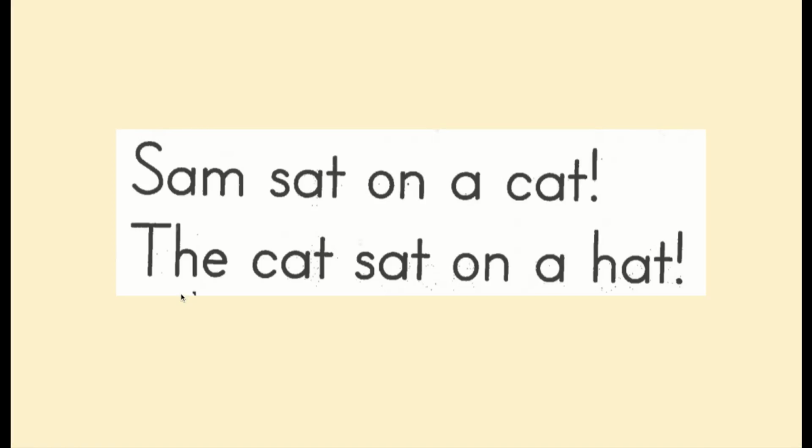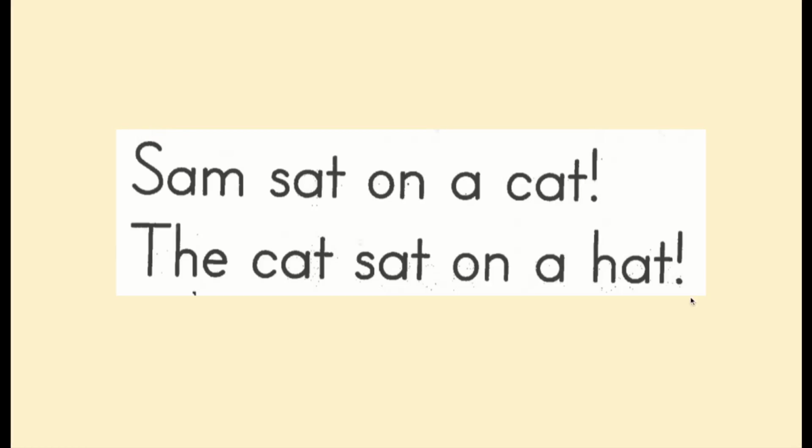Now let's try the bottom sentence. The, at, cat, the cat, at, sat, the cat sat on, the cat sat on a, at, hat. The cat sat on a hat.